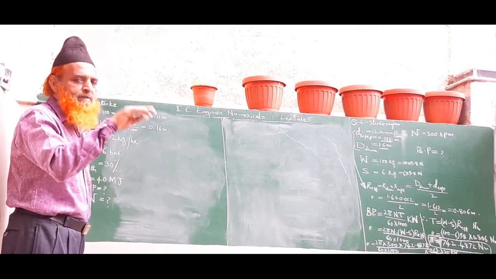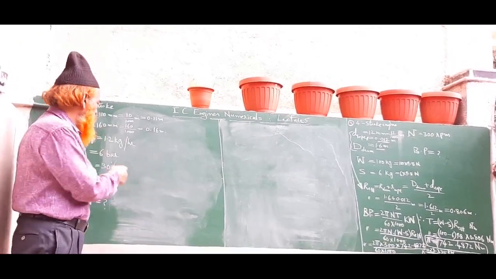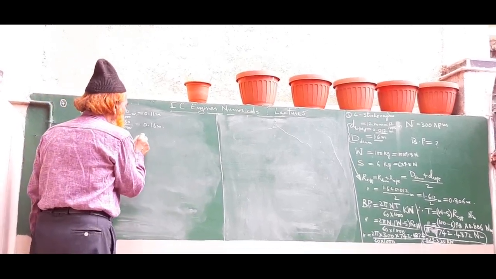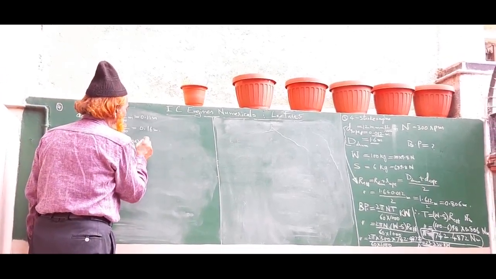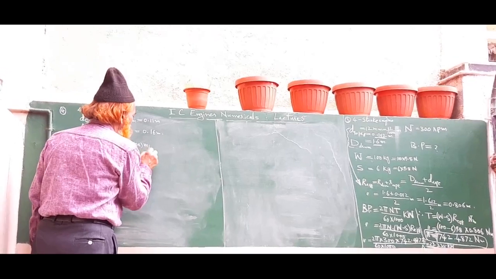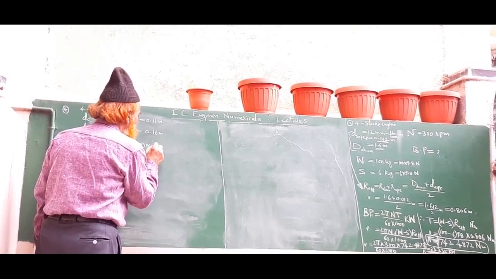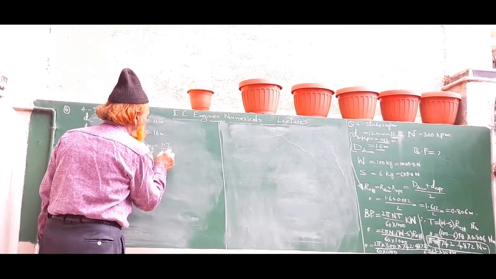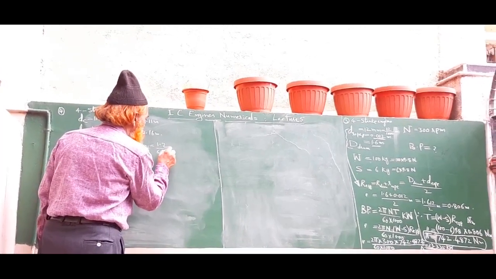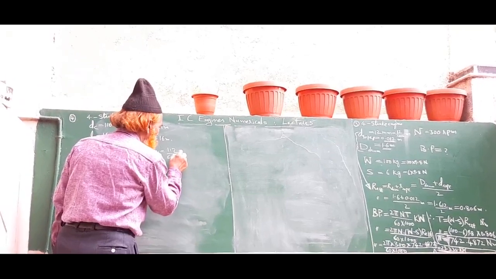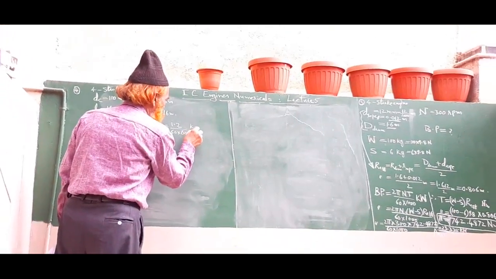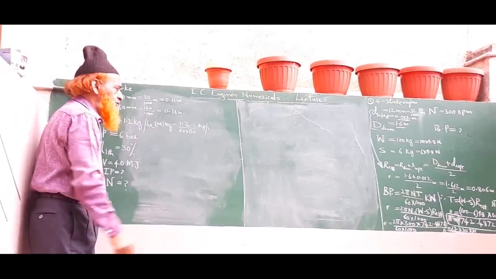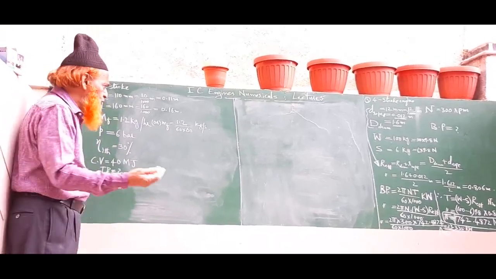Small mf is equal to capital MF divided by 60 and 60, that means 1.2 divided by 60 divided by 60 kg per second. This hour is converted to 60 into 60 seconds.